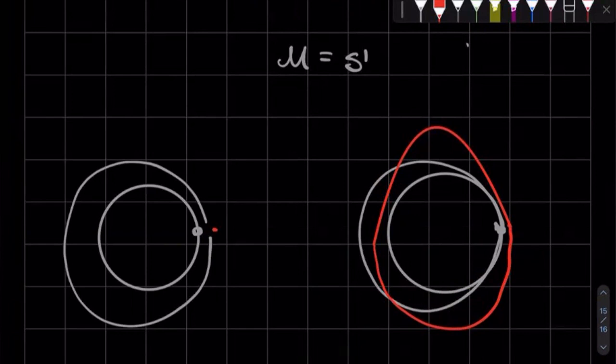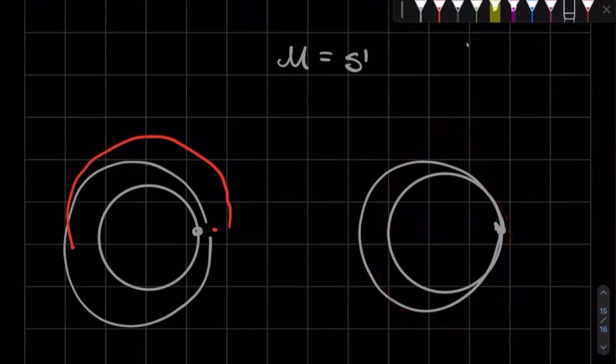That's not interesting. Actually, what I wanted was the maps that move more quickly. As you go from 0 to pi in the original circle, you move on the target circle from 0 to 2 pi.